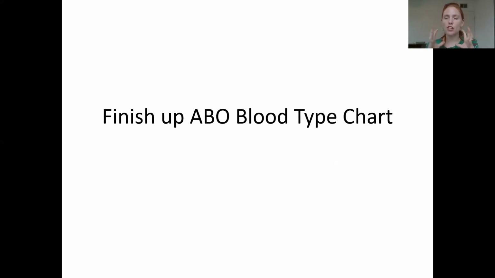Just remember that if I'm type A, I want to get rid of anything that's type B. First finish the column that tells which antibodies there are, then use that information to figure out who can receive, who can donate to, and who can receive from. One common mistake: don't forget that you can always donate or receive from your own blood type. Don't forget that piece.